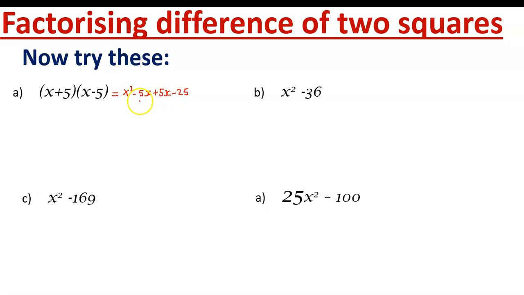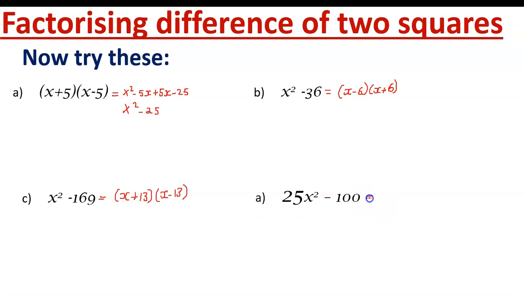Minus 5x plus 5x is nothing. So this one, 36 is a square number. So it's x minus 6, x plus 6. Here, 169 is a square number. The square root of it is 13. So one time plus 13, and one time minus 13.